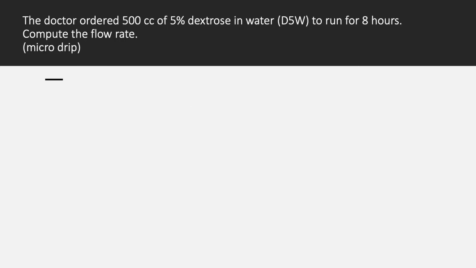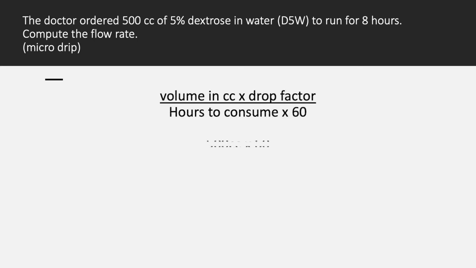Next is microdrip. The doctor ordered 500 cc of D5 water to run for 8 hours. Compute the flow rate. So, this is the formula, same formula. But the drop factor is 60 for microdrip. So, 500 cc times 60 divided by 8, which is hours to consume, times 60. Since the 60 drop factor and the 60 constant are the same, we can cancel it and go straight to 500 divided by 8.